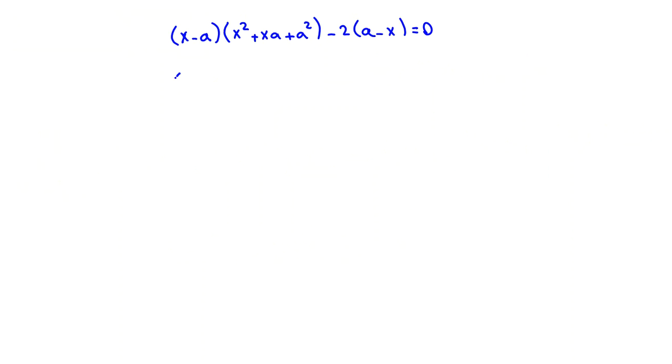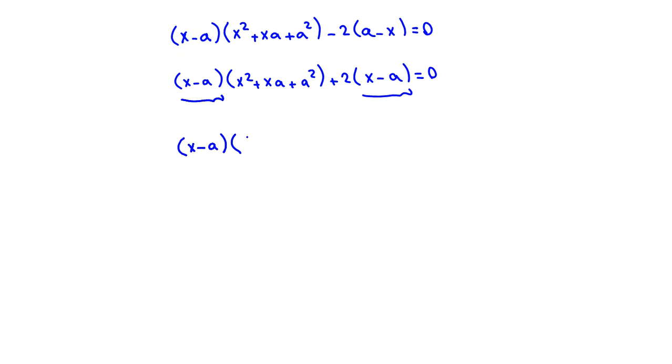Applying negative 2 inside the bracket, it becomes plus 2, x minus a equal to 0. Now I factor out x minus a: x minus a times x squared plus xa plus a squared plus 2 equals 0.